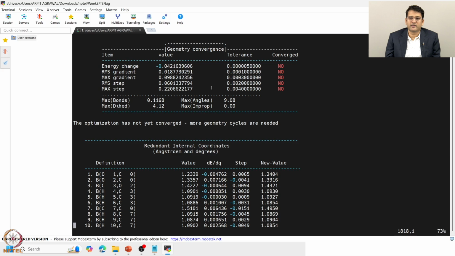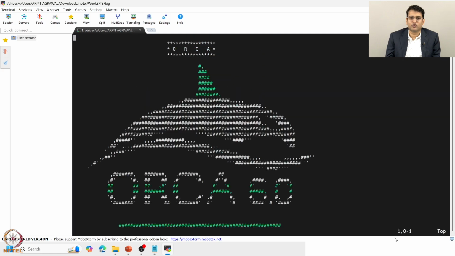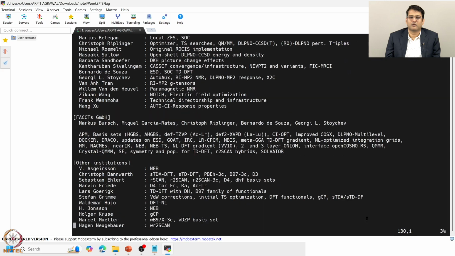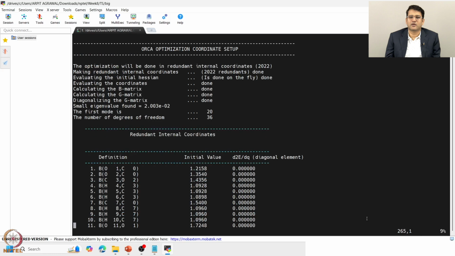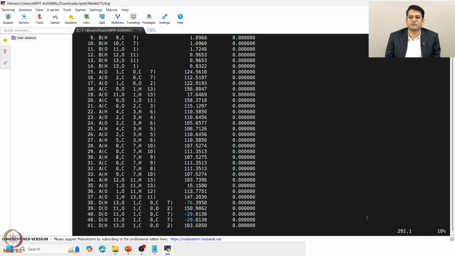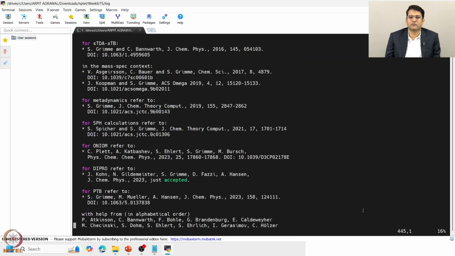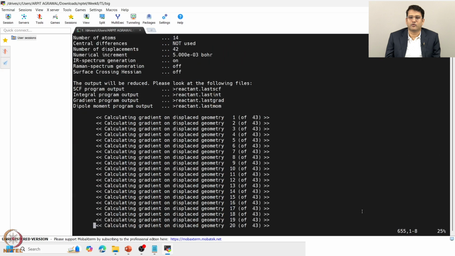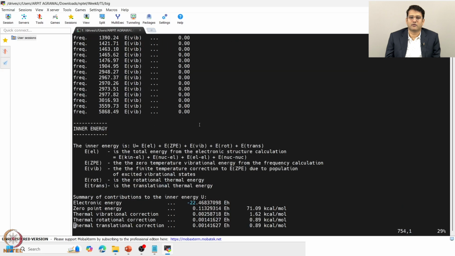So what you should do in these cases is that at the fourth optimization it has been giving you convergence issues. Let me see that. So when you see this kind of a problem, first you try to see what went wrong. It's a good idea to look at the output file. So this is fine.